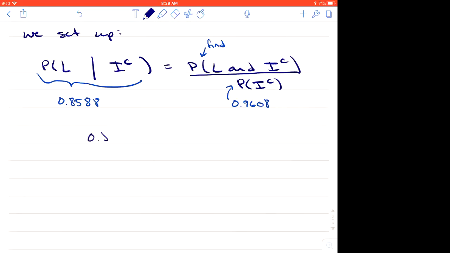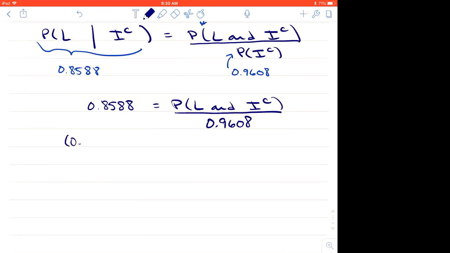So we know that 0.8588 is the probability of L and not I over 0.9608. Multiplying both sides by 0.9608, we get 0.8588 times 0.9608 is the probability of L and not I.